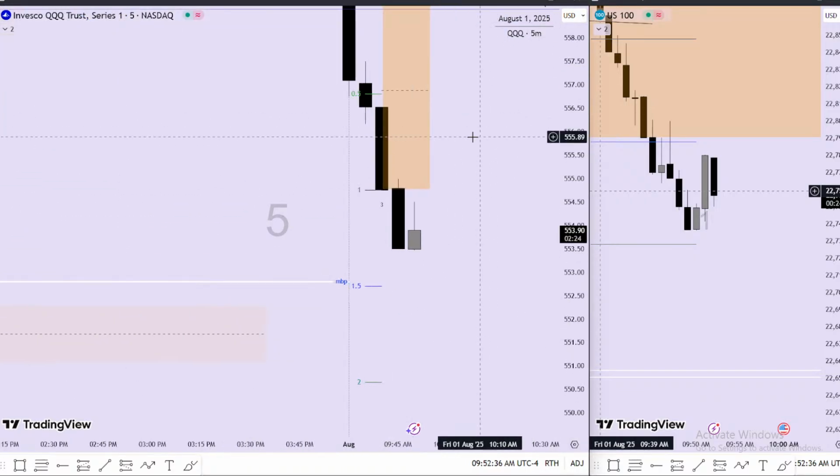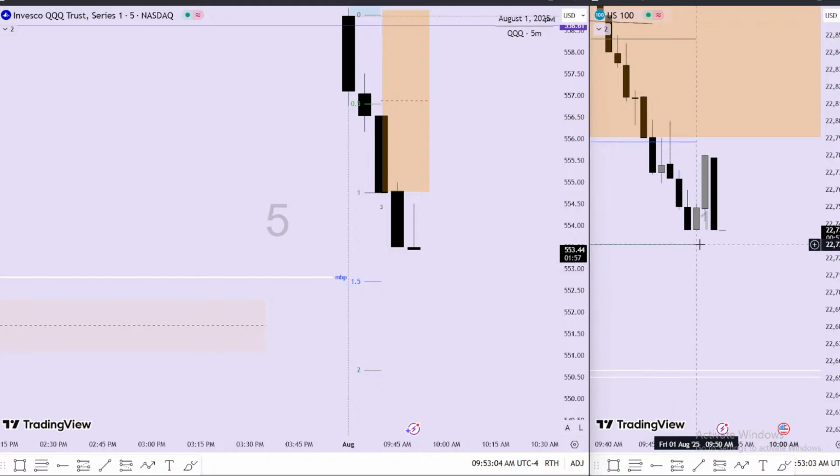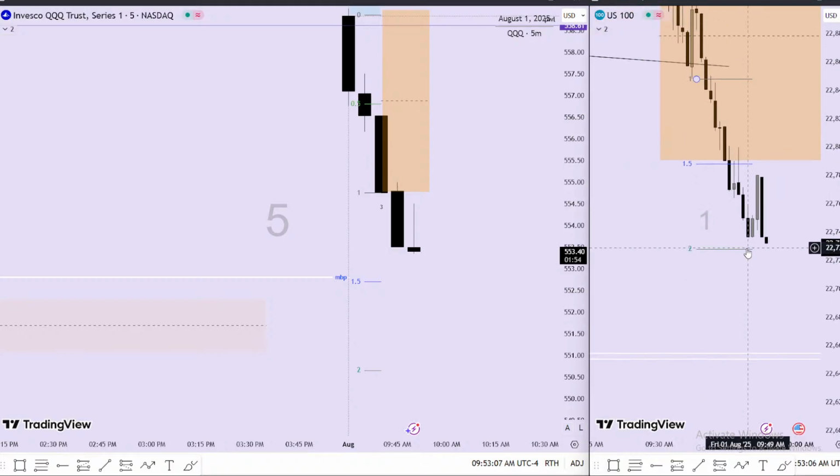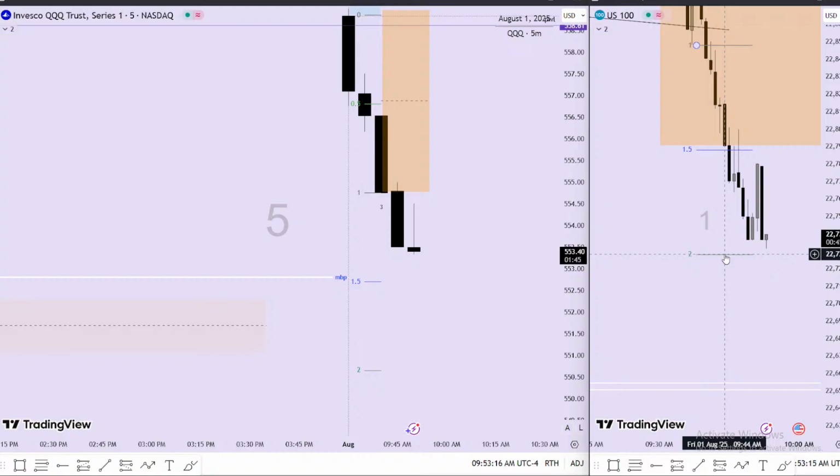Not here. 29 is the target. For this leg, 29 is this leg's target. 728.